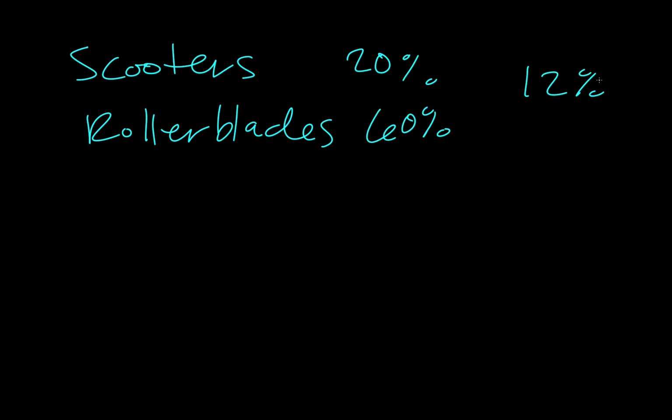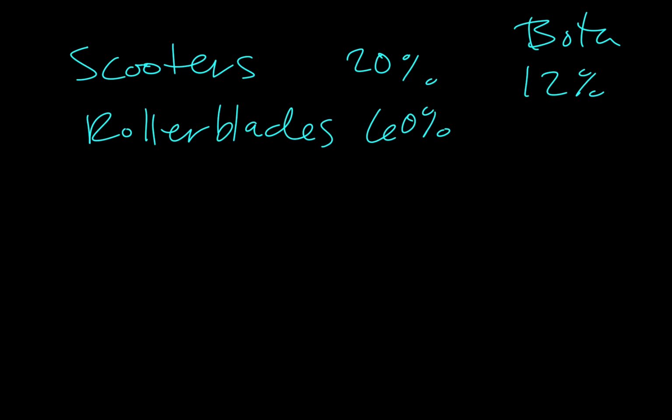It says, Kim wants to know whether or not driving scooters and riding rollerblades are independent events. 20% of the people in her town ride scooters, and 60% ride rollerblades, and 12% do both.